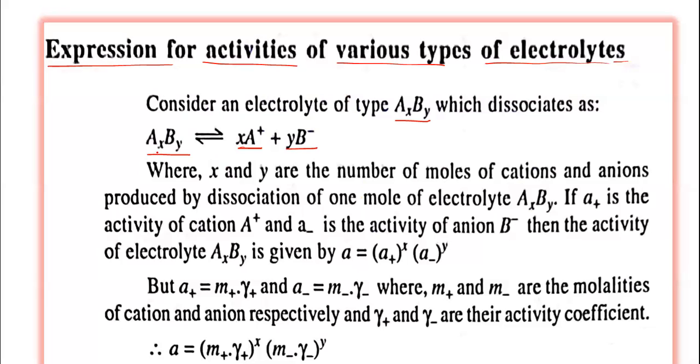When this electrolyte undergoes dissociation, it dissociates into X number of A positive ions, cations, and Y number of B negative ions.